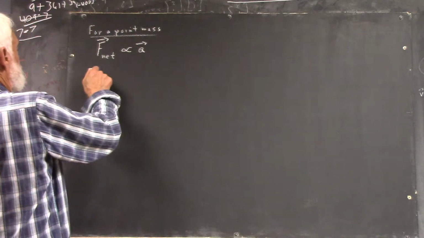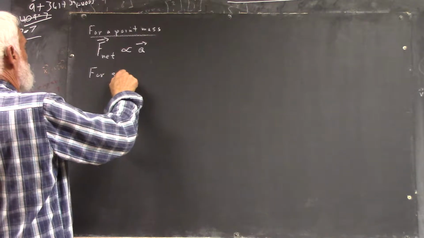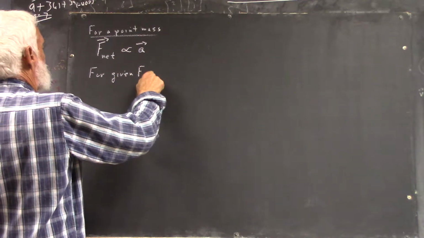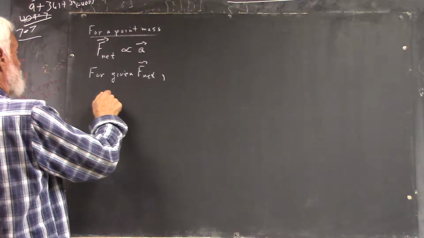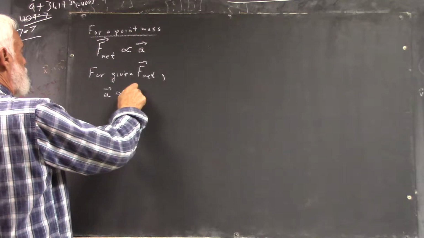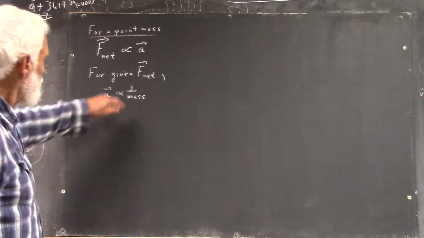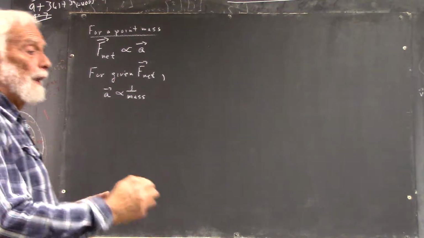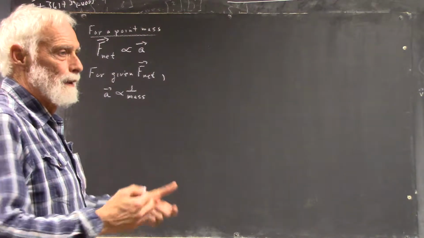Okay? So, also, for a given net force, acceleration's inversely proportional to mass, meaning if I apply the same net force to twice the mass, I get half the acceleration, and so forth, okay?